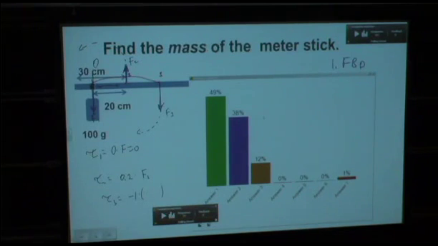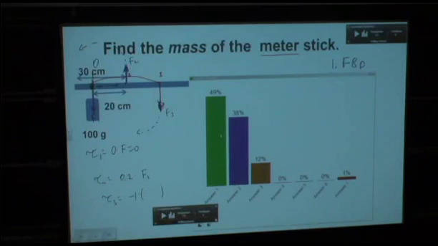Can someone tell me the distance from this point to that point? Can we read or not? If we can read, a meter means a meter, 100 centimeters, and that's a physical fact.